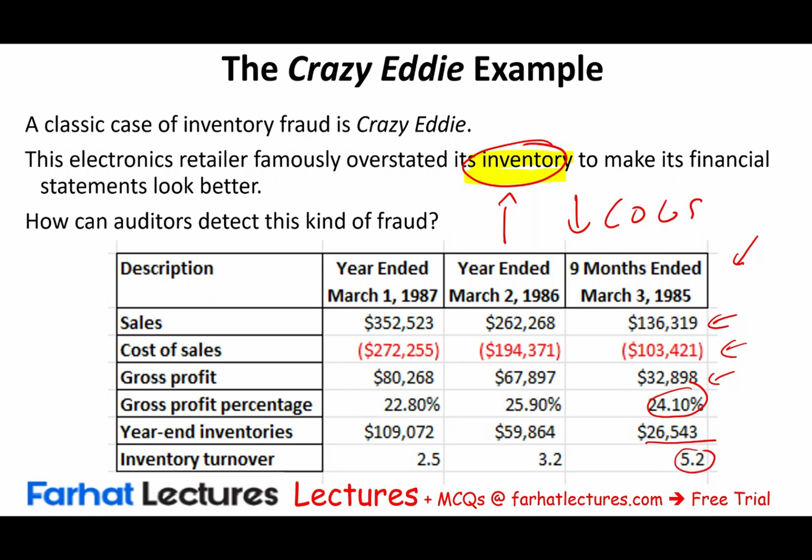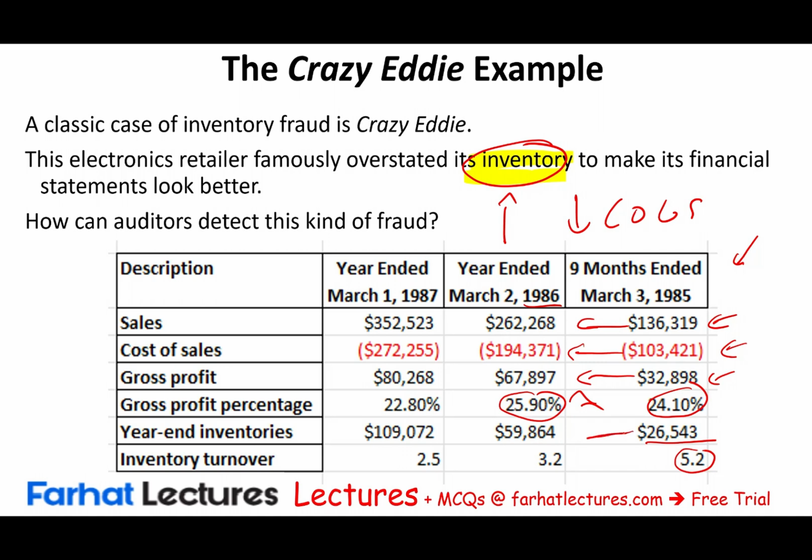The following year, 1986, sales went up. Inventory went up. Cost of sales went up, it's understandable. Gross profit is 67,000, and gross profit percentage is approximately the same as the prior year, a little bit better, but that's fine. Nothing unusual. But notice what happened to inventory.